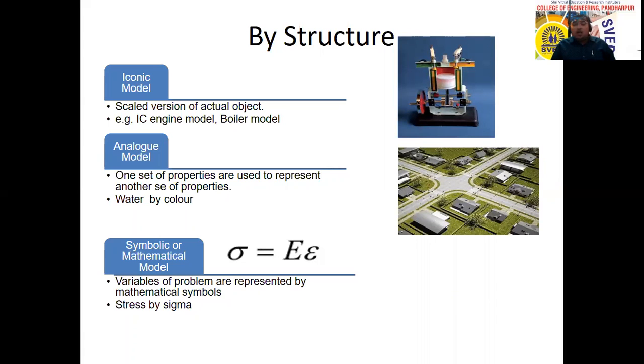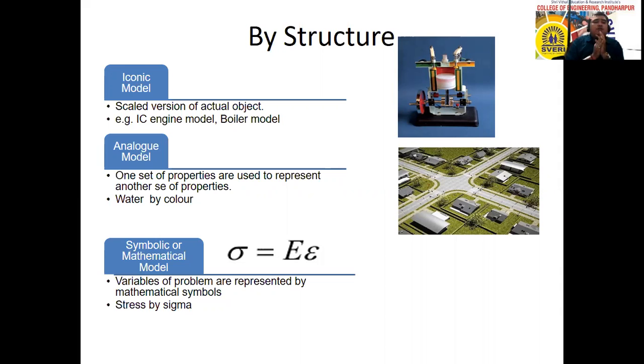This is called the analogous model. Based on that one property, we are comparing the other properties analogous to that. We are just measuring or representing the other properties. This is called the analogous model.